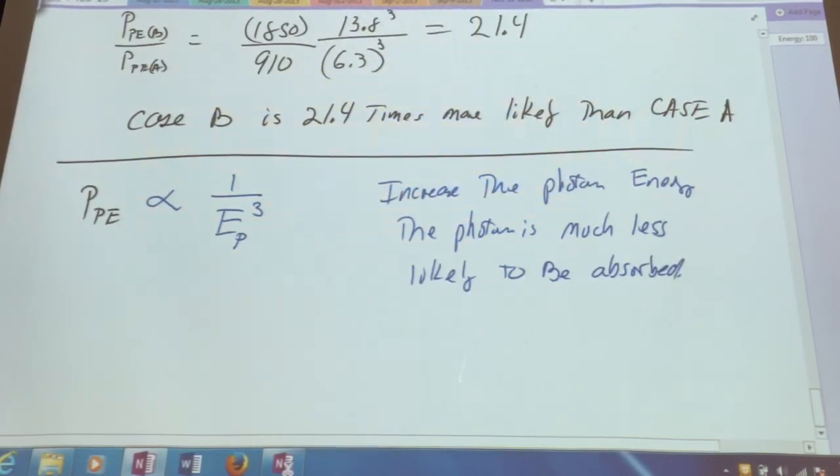So as you increase the photon energy, it is much less likely to be absorbed. That cube is a pretty strong effect.